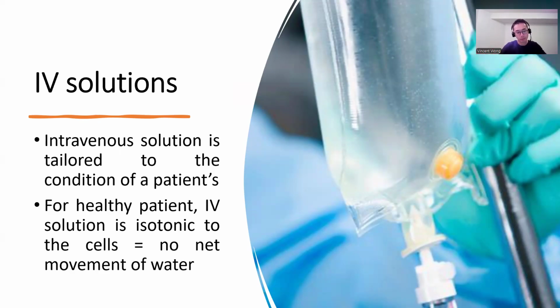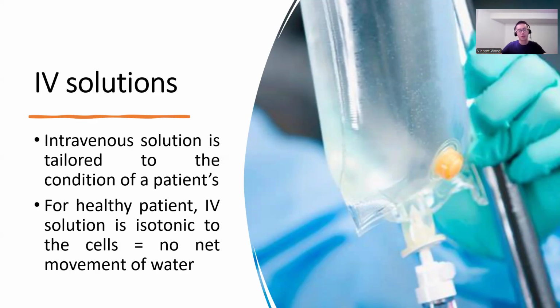Okay, so I know many of you are planning to go into a healthcare related career, maybe practical nursing or registered nursing eventually. A lot of times you might have to prepare or administer intravenous fluid, which is IV solutions, to your patients. Depending on the condition of the person, depending on what kind of ailment they're having, you might need to give them different kinds of IV solutions.